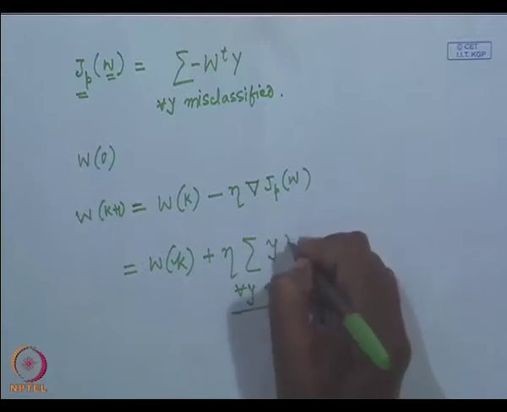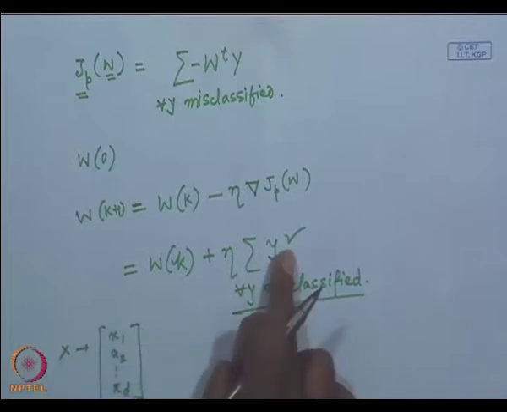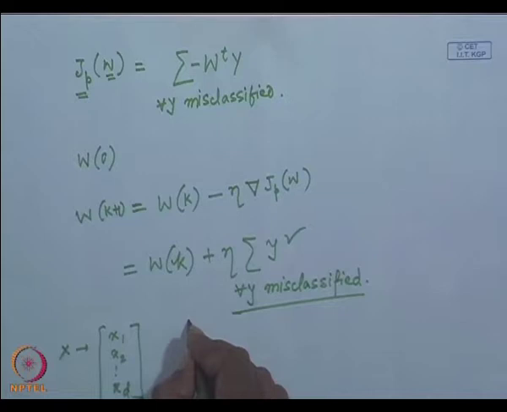And how do I get this y? If my original given feature vector is x, I append 1 to this x. So, if this x is, say, x1, x2 up to xd, I get y by appending 1 to this vector. So, my y becomes 1, x1, x2 up to xd.